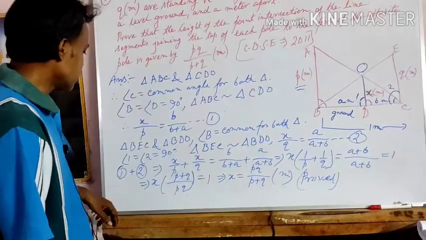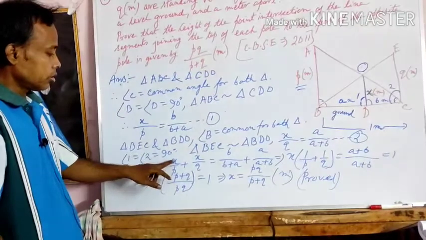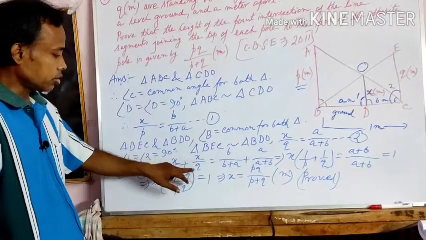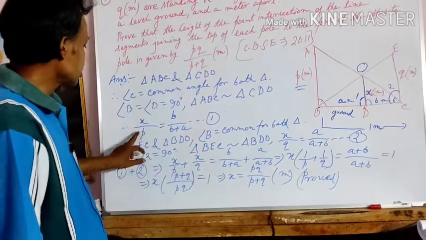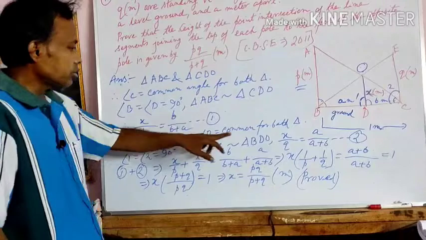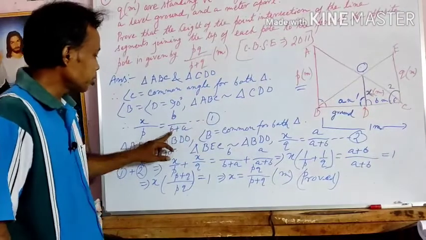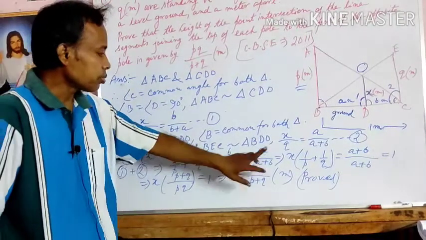Just add equations 1 and 2, and x by P plus x by Q is equal to b by b plus a plus a by a plus b.